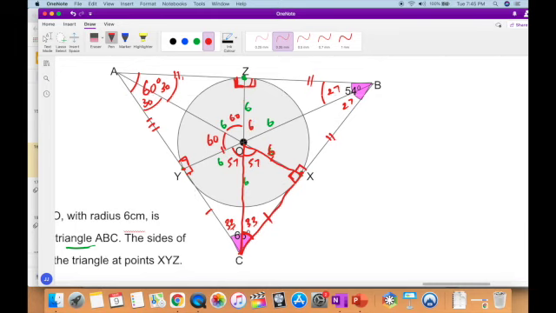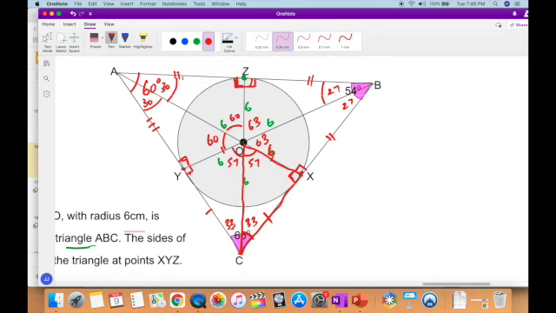That means this is 63 and this is 63. Now let me just see if that is true, right? 63 plus 63 plus 57 plus 57 plus 60 plus 60 equals 360. It's true, because I added them all up and got 360 degrees, which means that my reasoning is true.